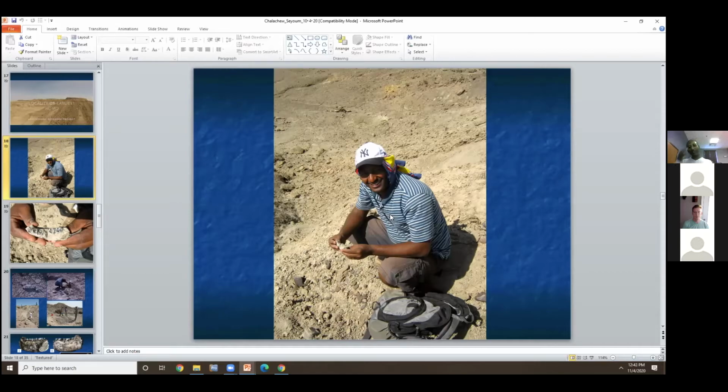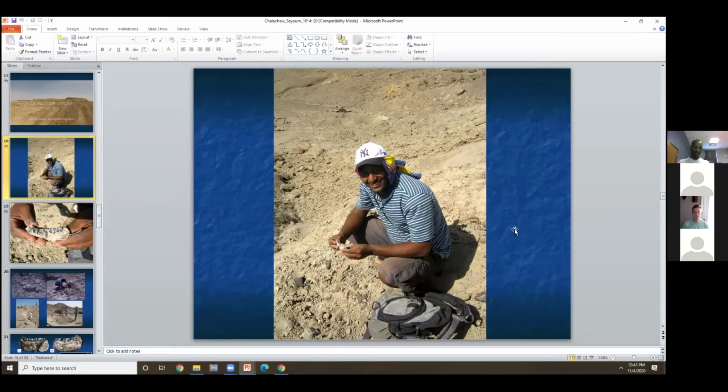Before I even picked it up, I saw it has really thick enamel. So I immediately realized, I picked it up, and when I looked at it, there was a fresh break. I will show you in the next.